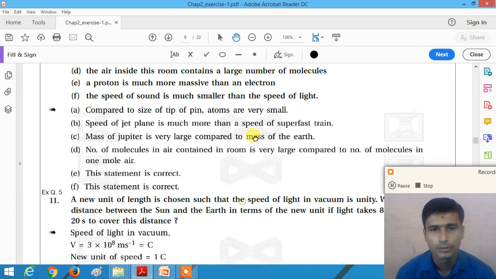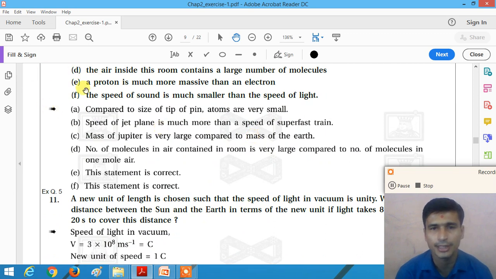So now statement number E. A proton is much more massive than an electron, right? A proton is much more massive than an electron. So what it means? An atom consists of the proton, electron, neutron, all the things, right?